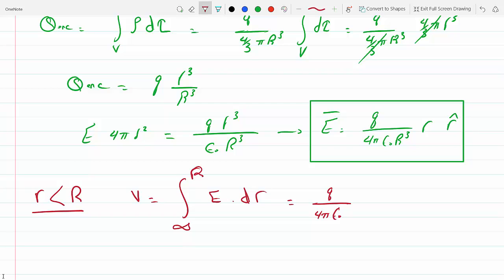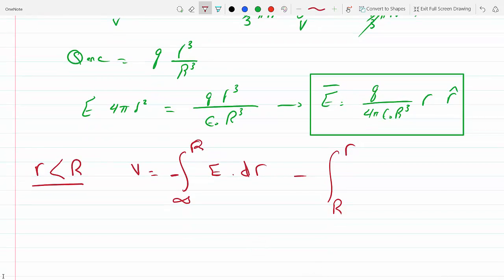Right, so the outside plus minus, there's a minus sign here, and minus r to r going inside the sphere.